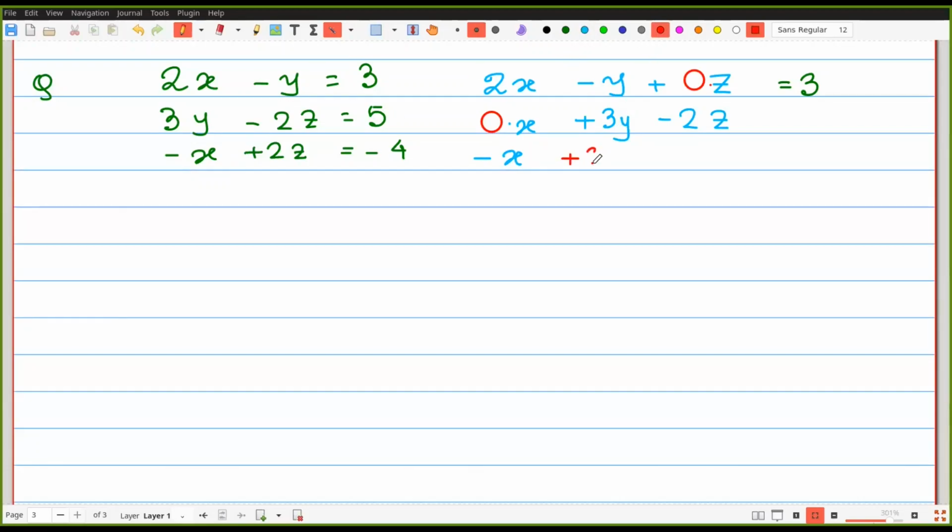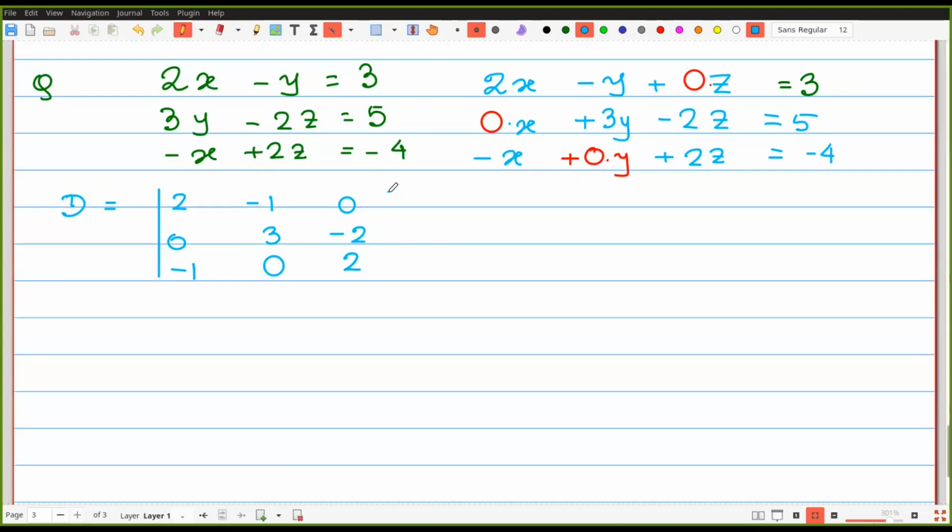So we are writing the coefficient of y here as 0 and the rest as the same. So what is the coefficient determinant at that moment? That means what is the D? We can write 2 minus 1 0, 0 3 minus 2, minus 1 0 2.